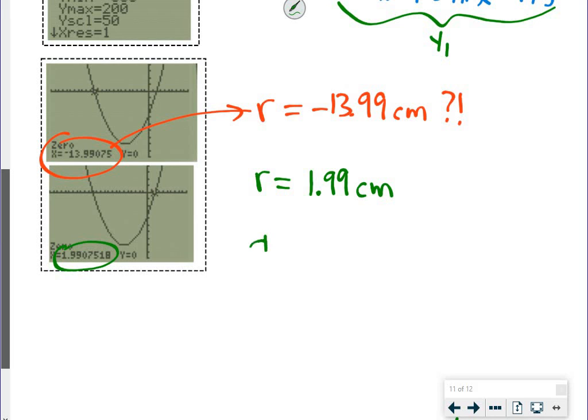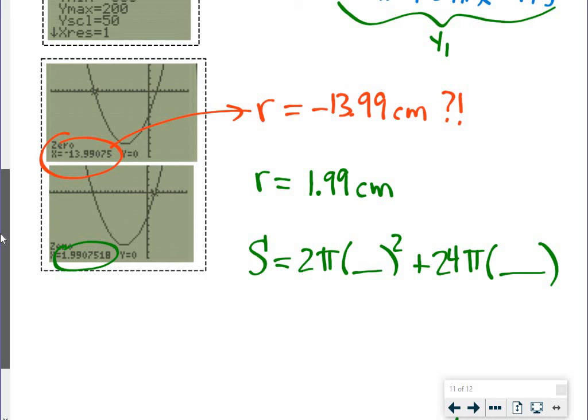So let's see, surface area equals something. If I sub 1.99 in for r, so everywhere I see an r, I'm going to put a 1.99. So I go 1.99 there, 1.99 there. Okay, and this first one gives us 24.88.